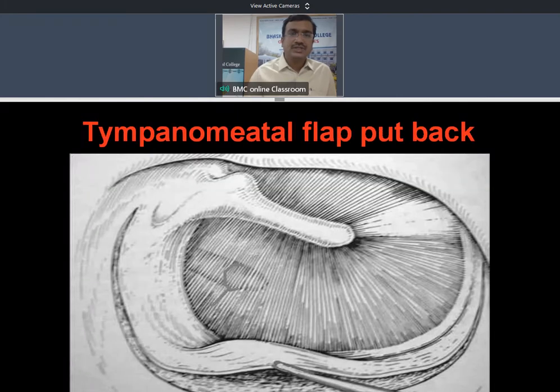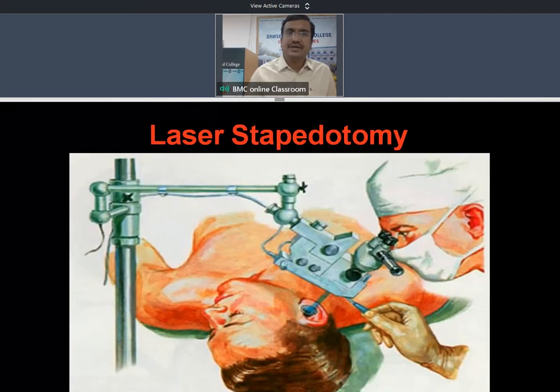Sometimes we use a fat or fascia graft around the fenestration, around the stapedotomy region. Then we replace the tympanomeatal flap into the external auditory canal.